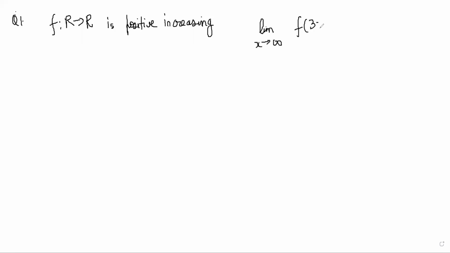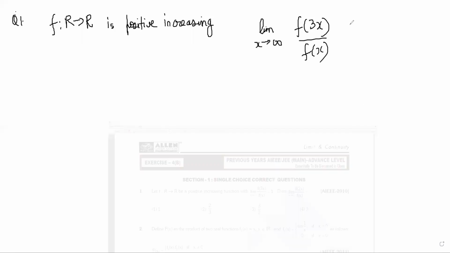Question 1. f from R to R is a positive increasing function. So we know that f dash x is greater than 0, with limit x tends to infinity, f of 3x by f of x is equal to 1.